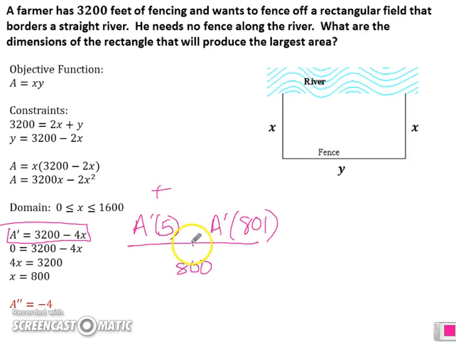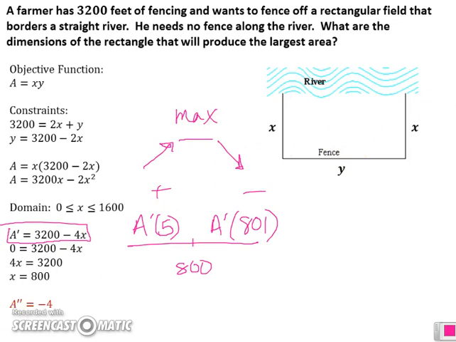So if it's bigger than 800, then it's going to give you negative. So this is the first derivative test here, where you make the sign chart and you plug numbers into the first derivative. And now, because you have a positive and a negative, the sign of the derivative changed, meaning the tangent lines are going to look like this on our position function. And 800 is where it's flat. So that proves that there's a maximum.